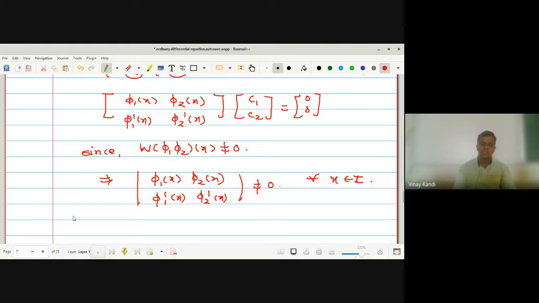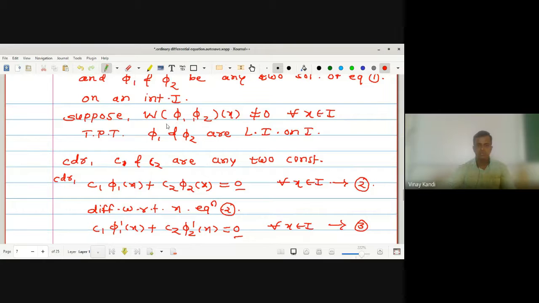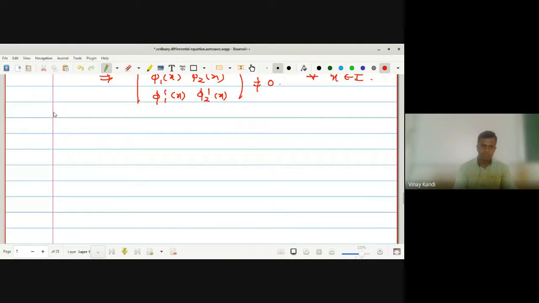This matrix is an invertible matrix, as we have assumed, since this determinant is not equal to 0.